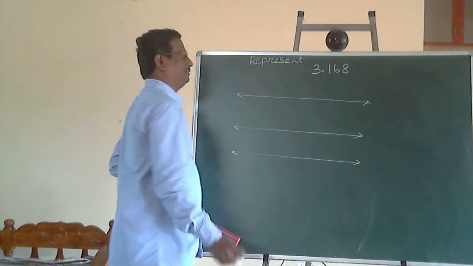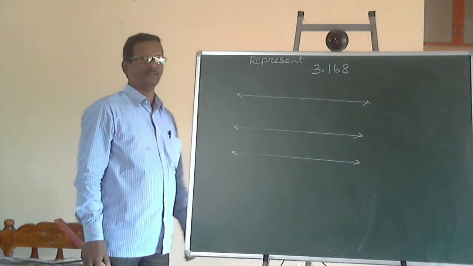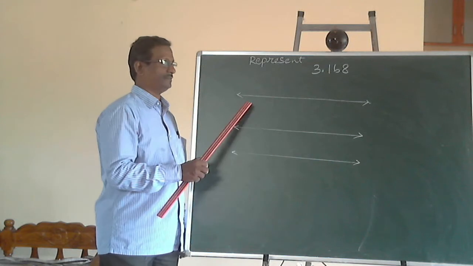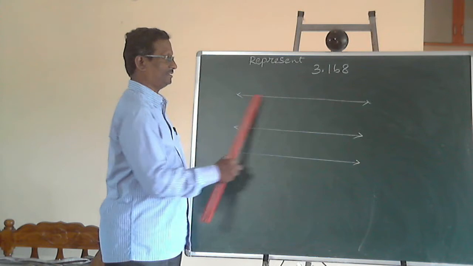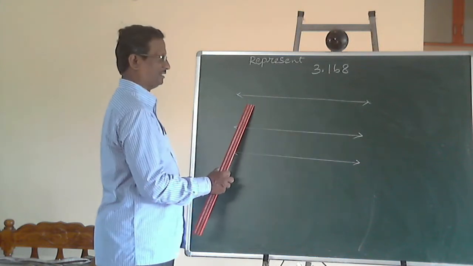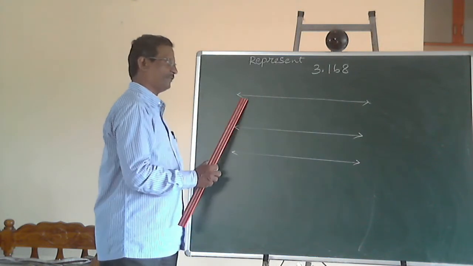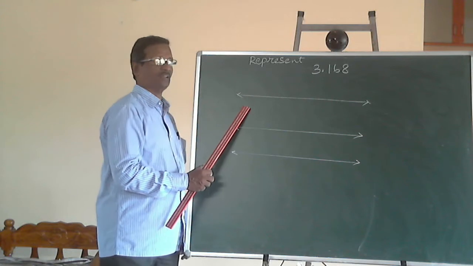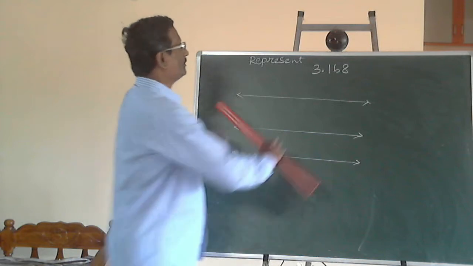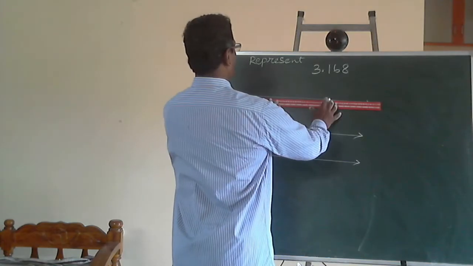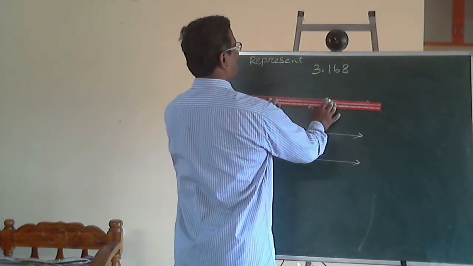Whenever we say line, whether it is line or number line, line is having indefinite length. It is extended to infinity in both the directions. Therefore, whenever we draw the line, it is compulsory to put the arrow marks. Number line, let's represent integers.